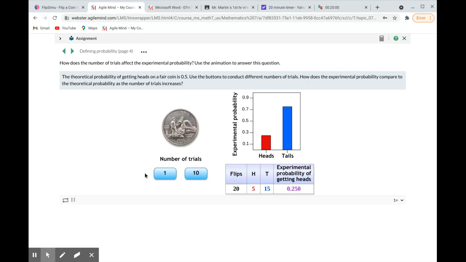Okay, so what we've done is we've looked at this by doing just one flip at a time. So what I want us to do is look at 100 flips. Right now we've looked at 20 flips. If we go to 100 flips, do you think the experimental probability is going to be closer to our theoretical probability of 50%, or do you think it's still going to be the same?